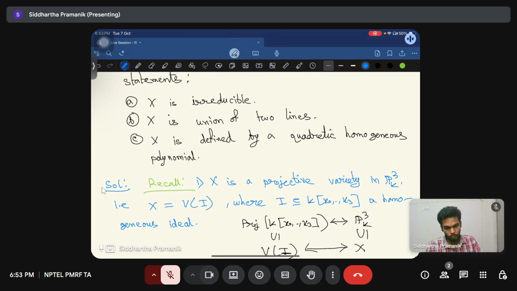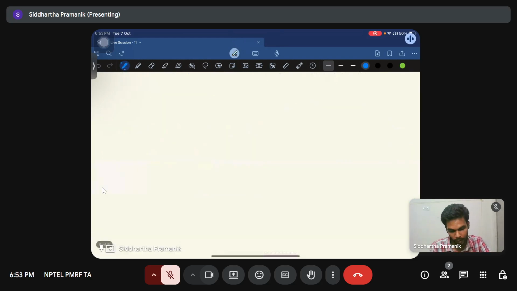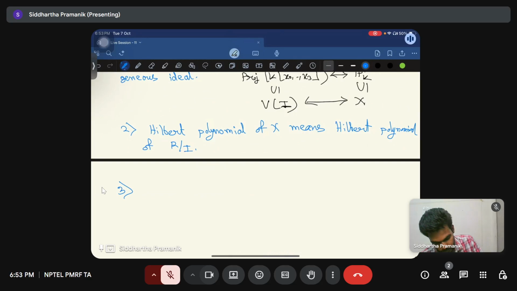So how to do this? What information can we get? Also I should recall, the Hilbert polynomial of X is P2 plus 2P3, right? That is what is given. But what are P2 and P3?